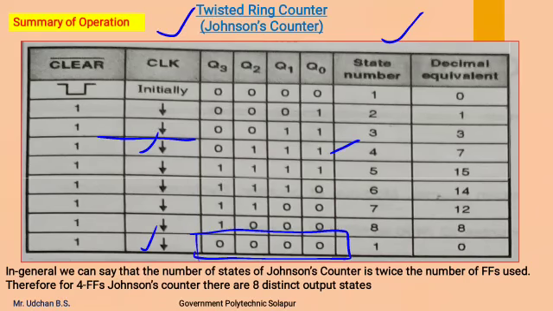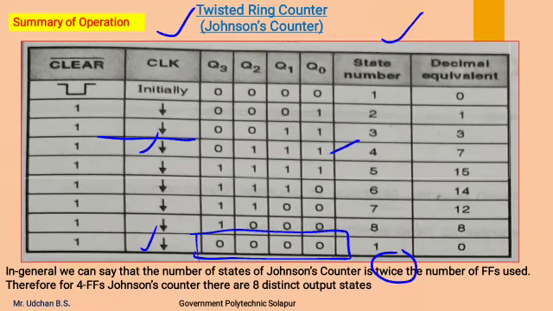In general we can say that the number of states of a twisted ring counter is twice the number of flip-flops used in the circuit. Means in this circuit 4 flip-flops are used, therefore we have got 8 distinct outputs of the counter.